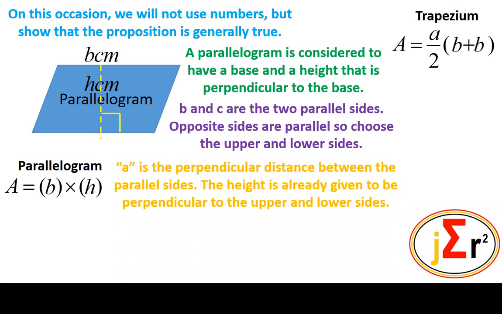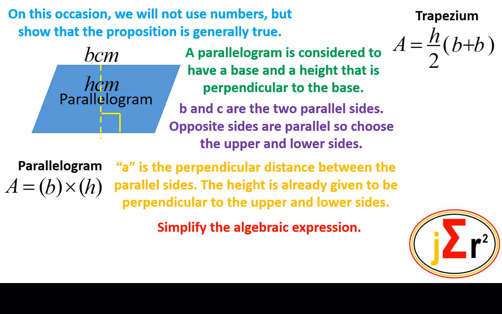A is the perpendicular distance between the parallel sides. And here, the height is already given to be perpendicular to the upper and lower sides. Therefore, what we have here, which is H, is already perpendicular to the two parallel sides, and therefore will take its position right there.